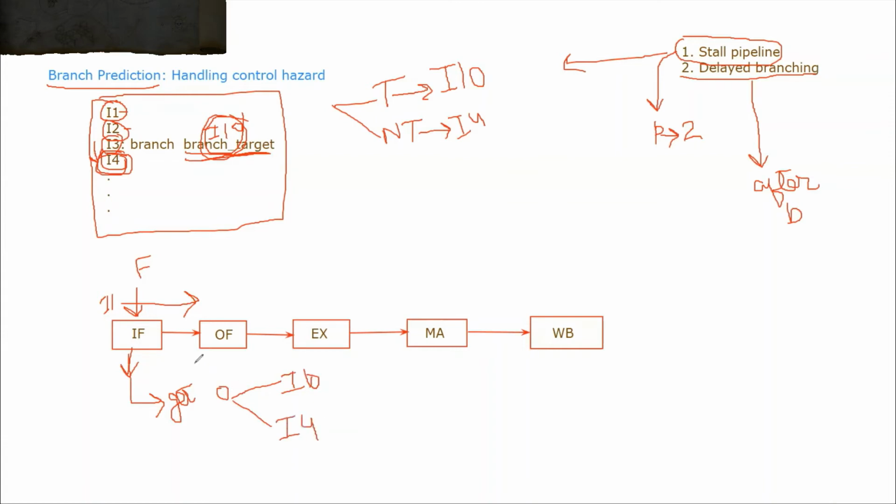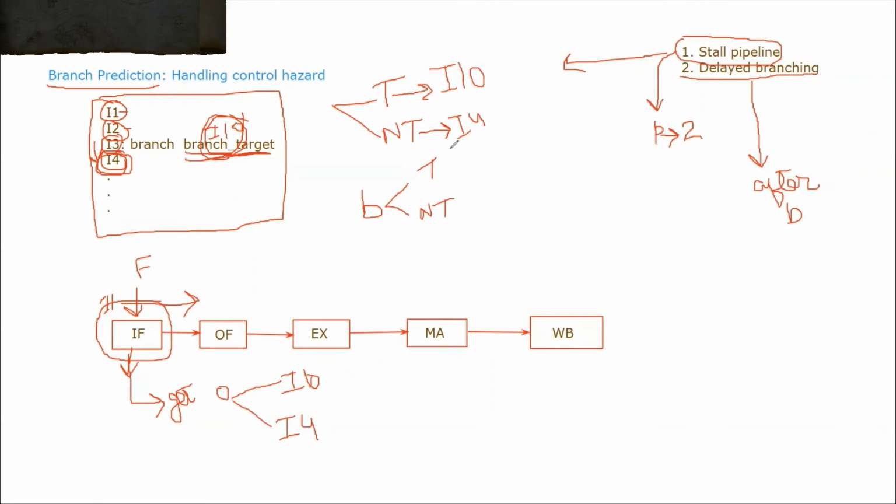So if in the instruction fetch itself, for a branch instruction, we are able to know whether the branch is taken or not taken, then we will be able to fetch the next instruction quickly after the branch instruction, or we can say we don't have to include any delay, we don't have to stall the pipeline.